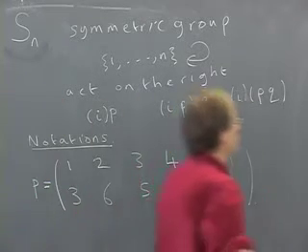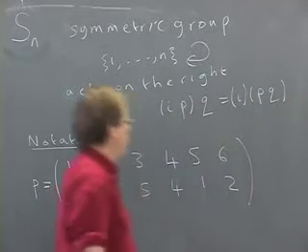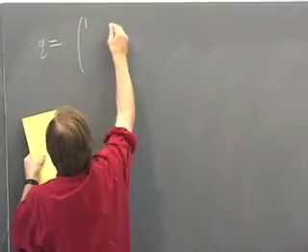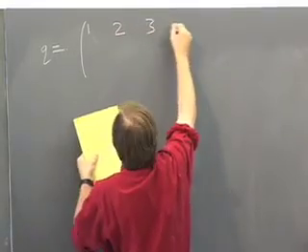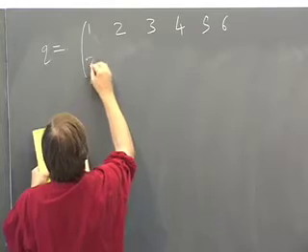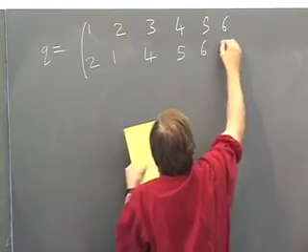And just to review how this works, let me have a second permutation Q, which will be 1, 2, 3, 4, 5, 6 on the top row and 2, 1, 4, 5, 6, 3 on the bottom row.